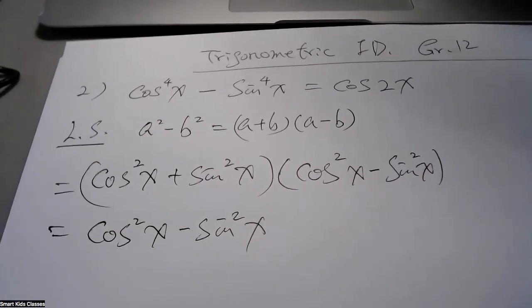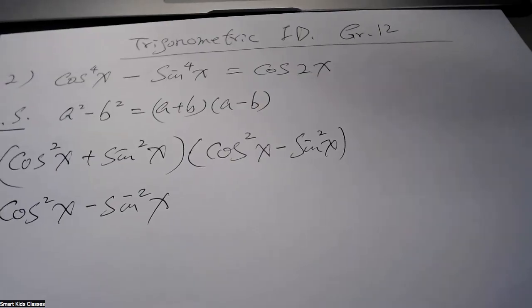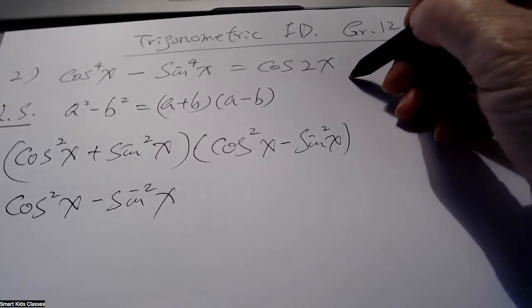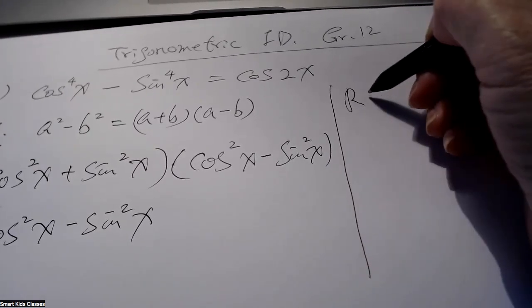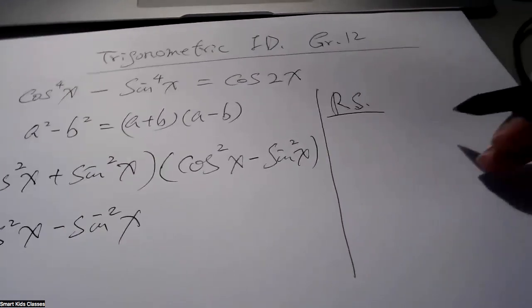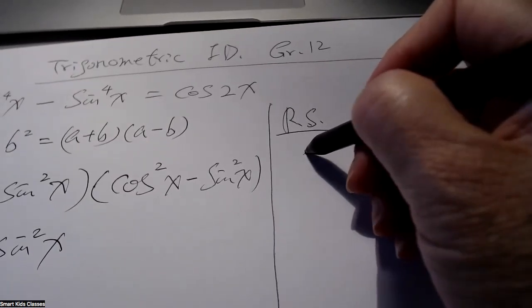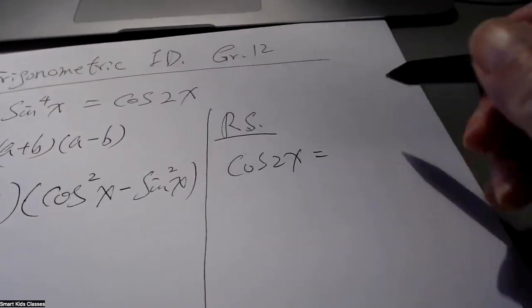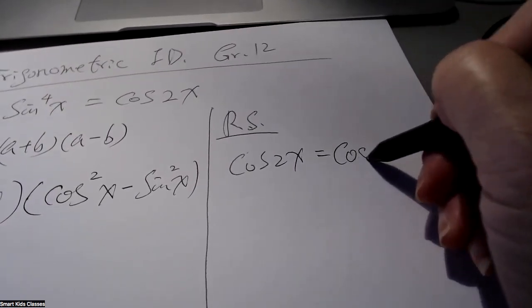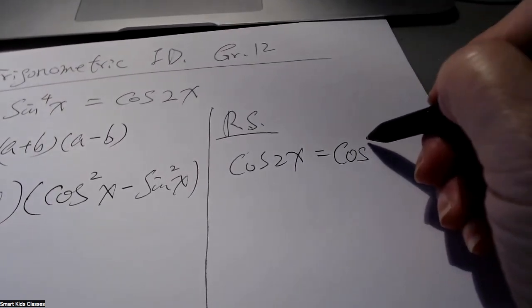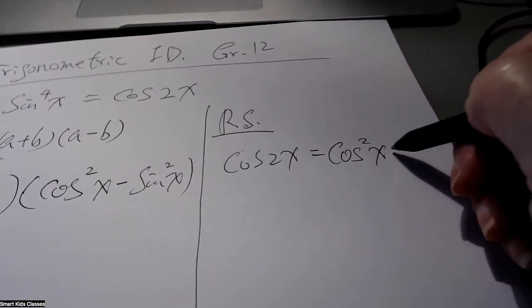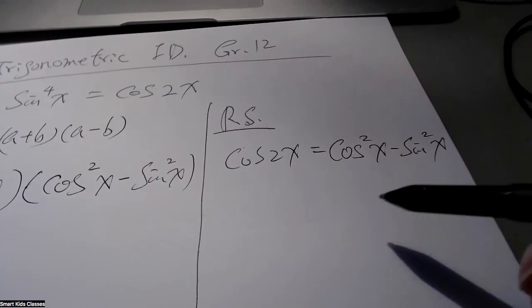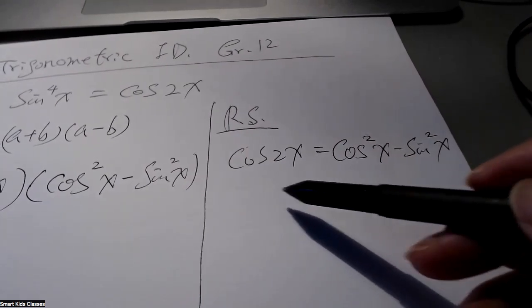Now the right side. Cosine 2x just matches the formula: it's equal to cosine exponent 2x minus sine exponent 2x, the double angle formula.